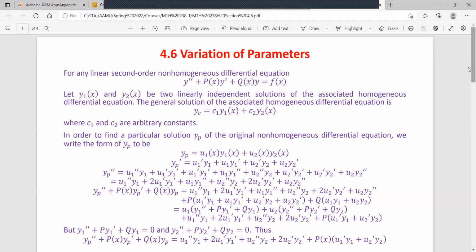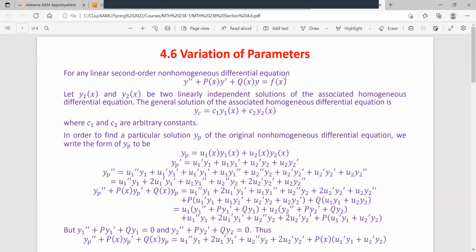It only works when the right-hand side of the differential equation, f(x), is either a polynomial or an exponential function or sine or cosine function, or a combination of them with multiplication.